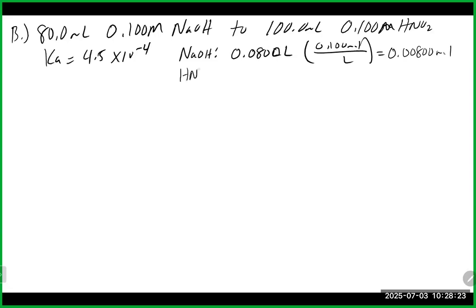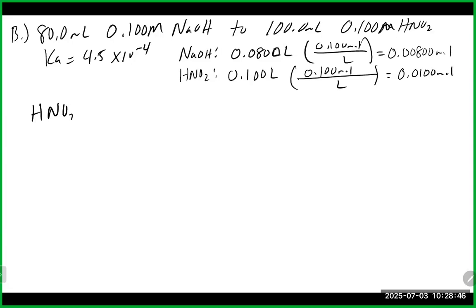We'll do it for our nitrous acid, which is 0.1 liters, which is 100 milliliters converted into liters, times our molarity here, moles per liter. That's going to get us here 0.1 times 0.1. 0.01 moles.